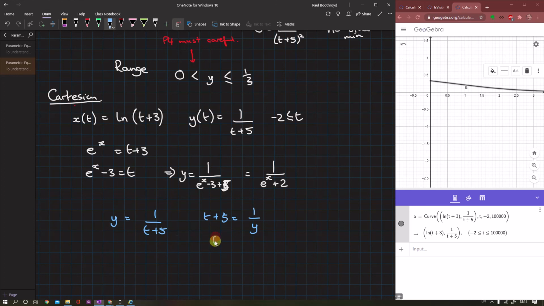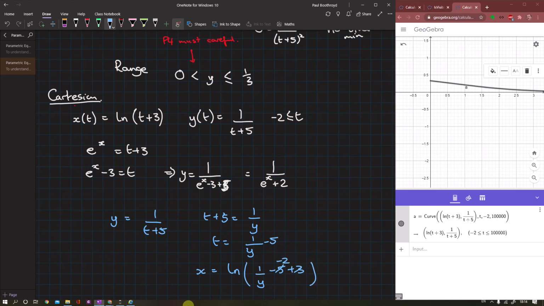So t equals 1 over y, subtract 5, and then substitute that into this function. So we can now get x equals the log of 1 over y minus 5 plus 3. We're now going to get minus 2.